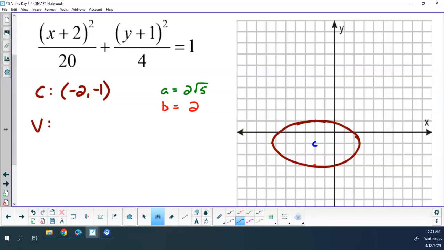So that would be -2 plus or minus 2 square roots of 5, comma, -1. Because my major axis is horizontal, so my vertices are at the end of that.